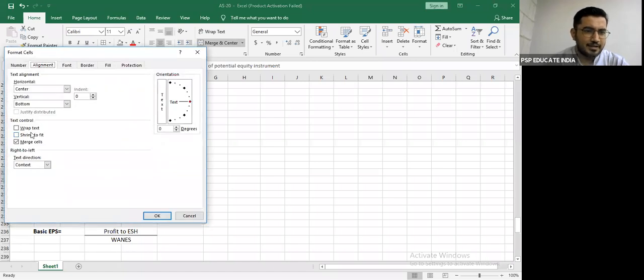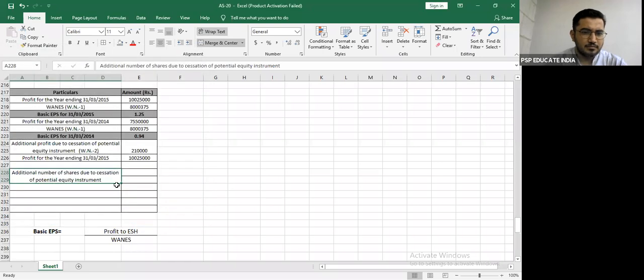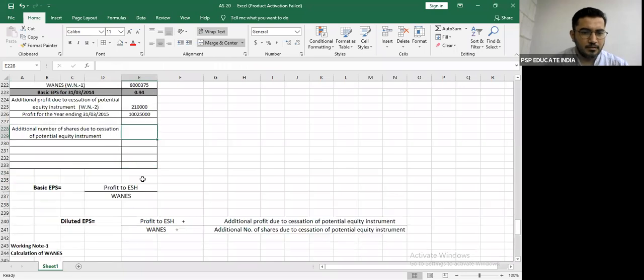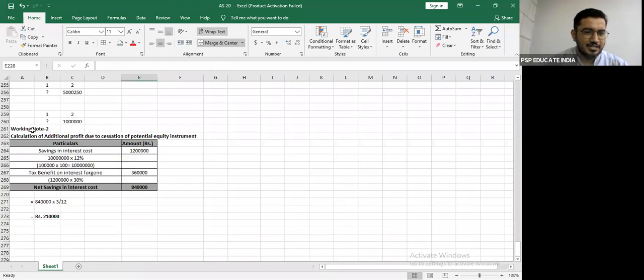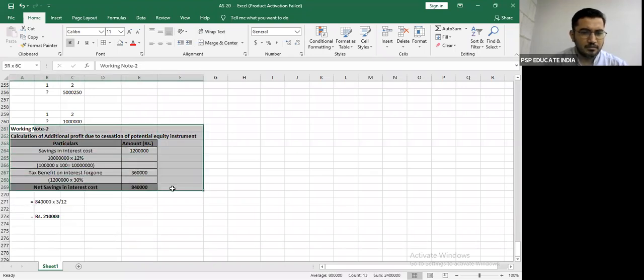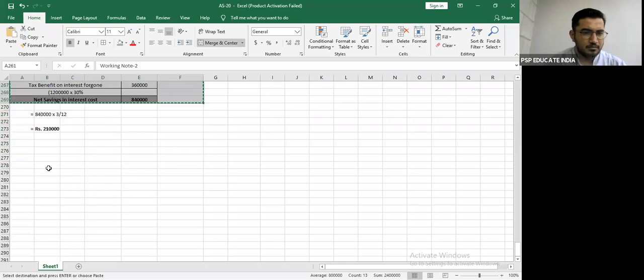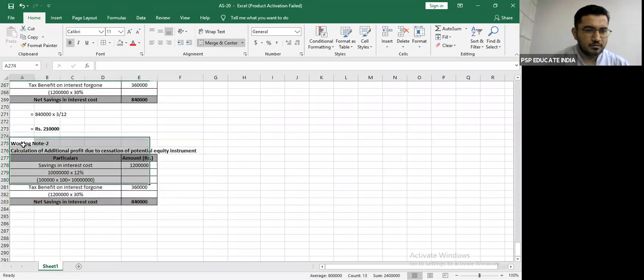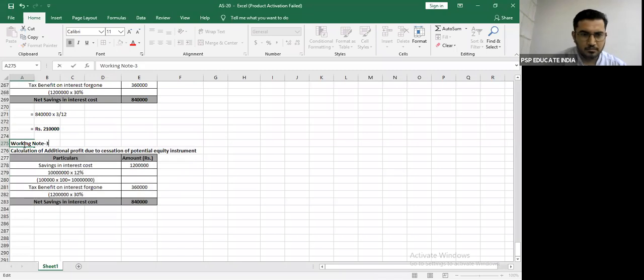Let's calculate that. We will calculate that as a part of working note 3. Additional number of shares.